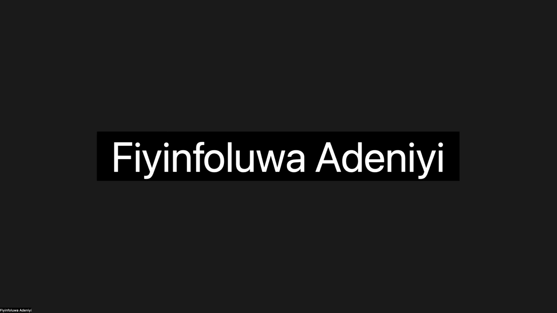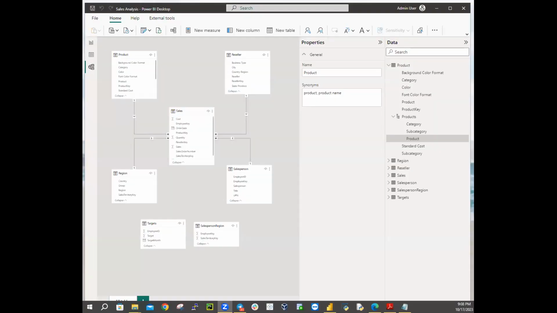I want category, subcategory, and the product itself. Okay, sir. But can it be otherwise, products, category, and then subcategory, sir? Product is the direct item you are selling. Subcategory is the subgroup. Category is the highest group.